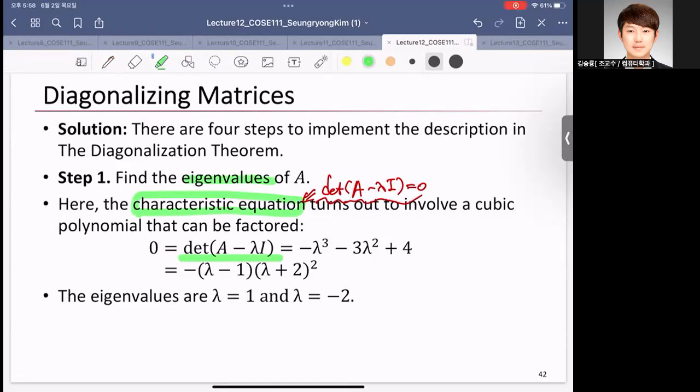So here the characteristic equation turns out to involve a cubic polynomial that can be factorized because A was a 3 by 3, right? So if you compute the determinant of this one, it's going to be this one, right? Unfortunately, the mechanics for computing the determinant of a matrix larger than 2 by 2 are more appropriate for a computer.